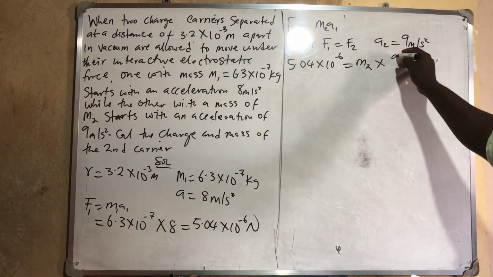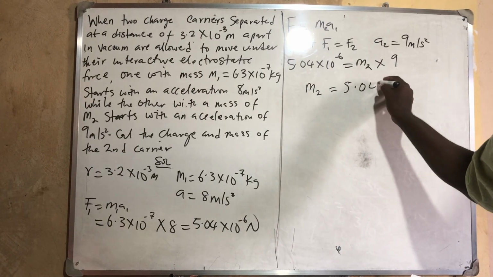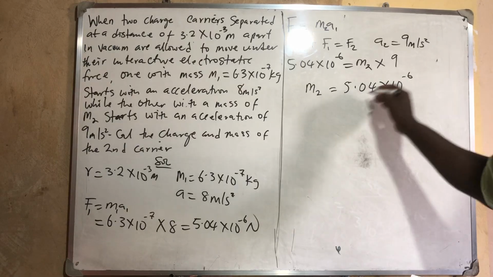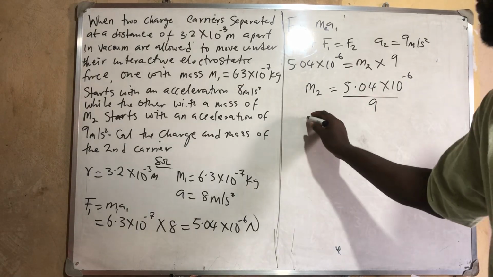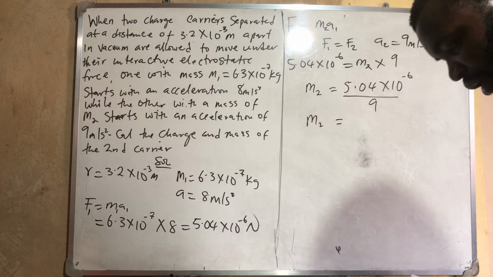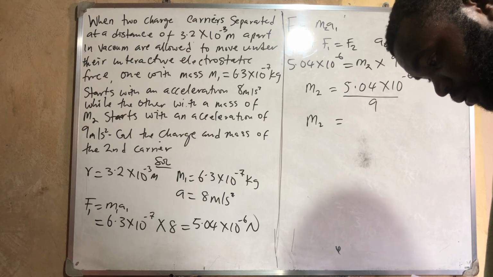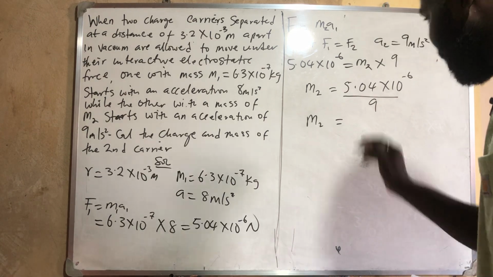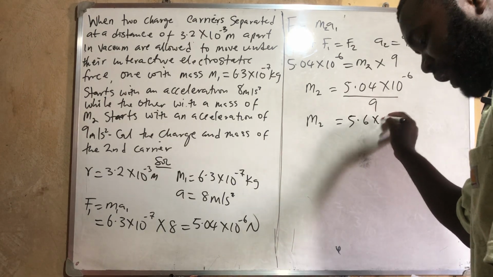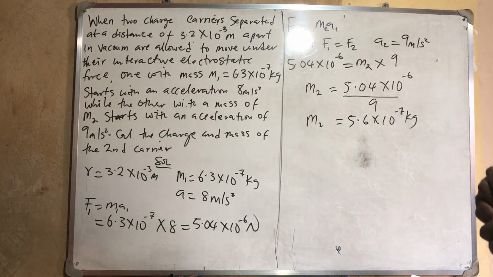So my m2 will be 5.04 times 10 raised to power minus 6 divided by 9. I don't have a calculator here, so let me use the one I've already solved. If you divide that, you're going to have 5.6 times 10 raised to power minus 7 kg. All right, so that is that.